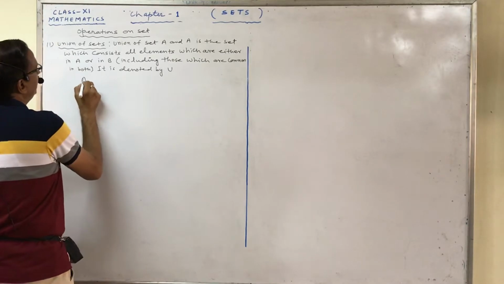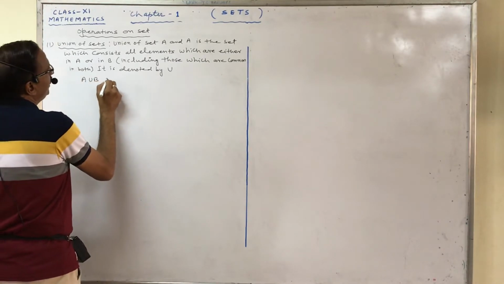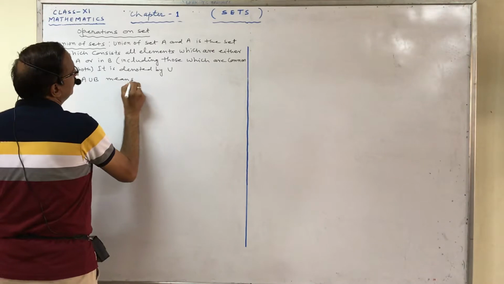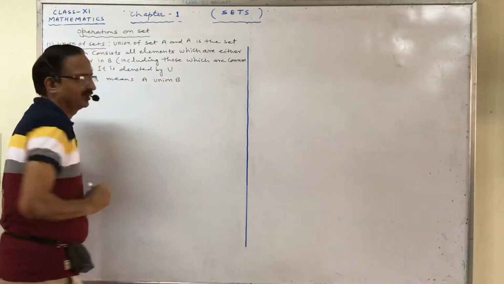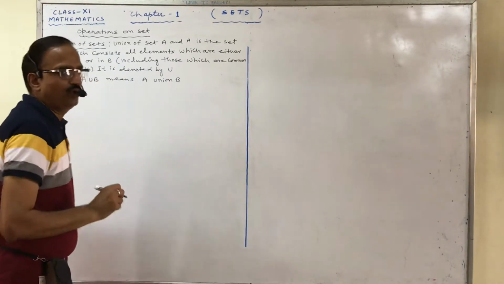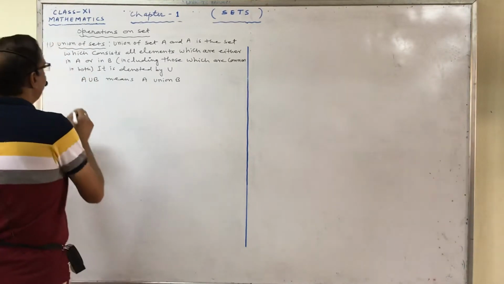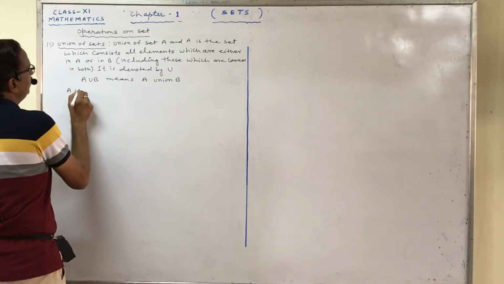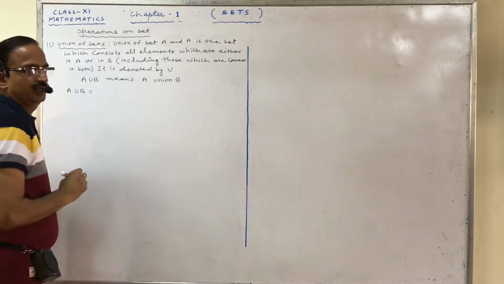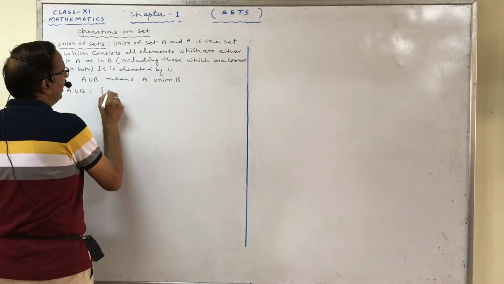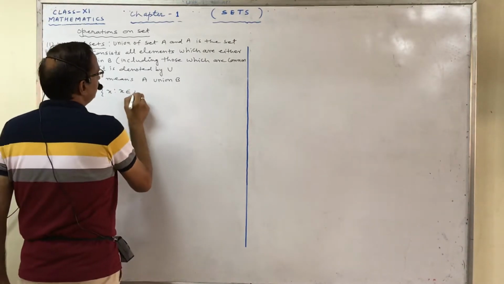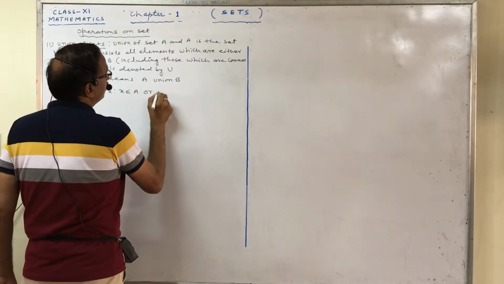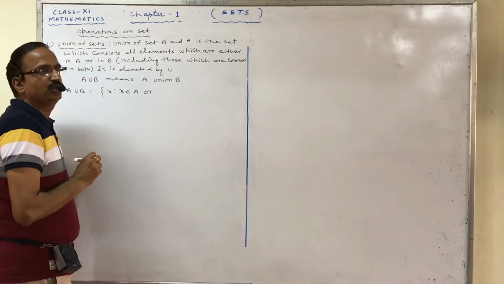So we can say this means A union B, or symbolically we can write A union B is {x such that x belongs to A or x belongs to B}.